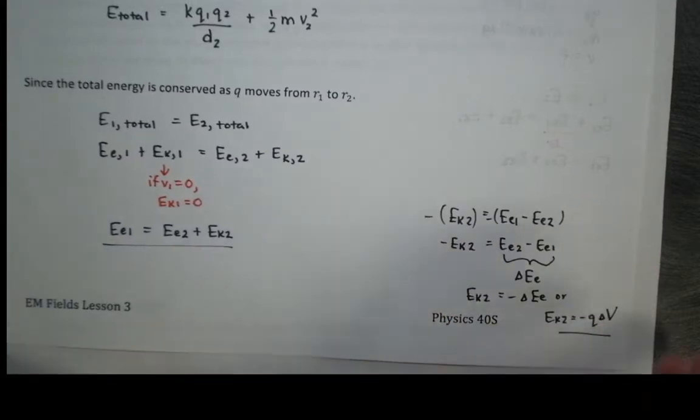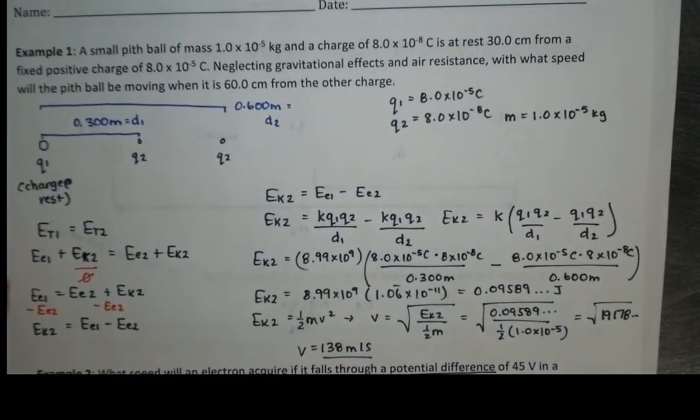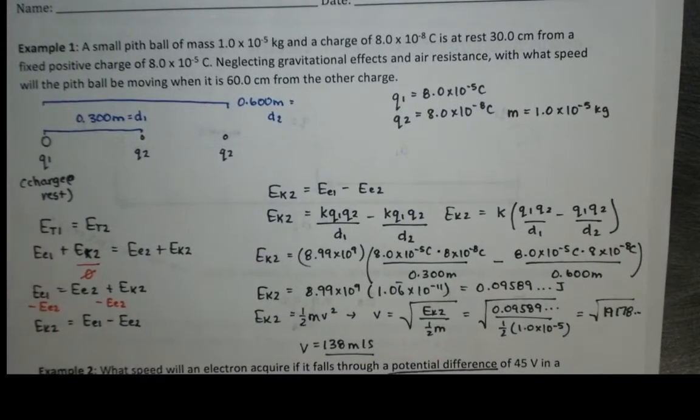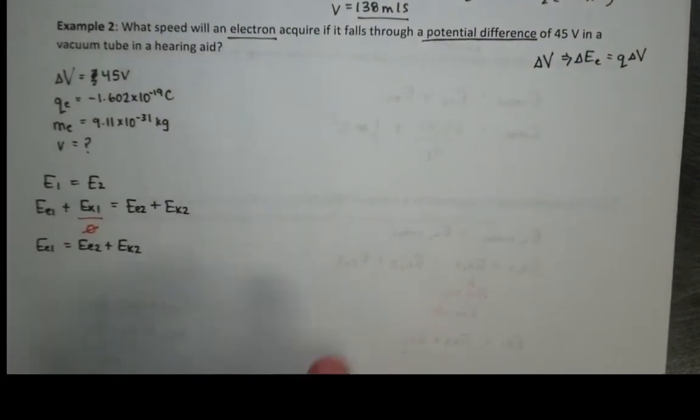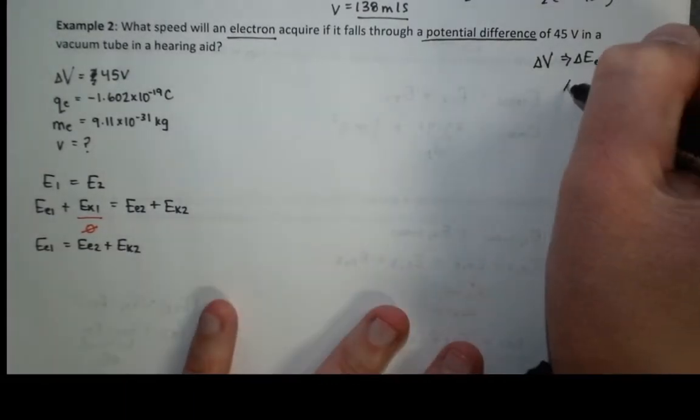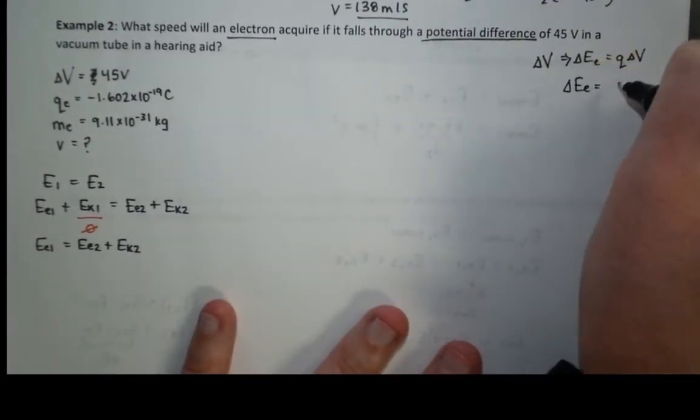In this first example, we had point charges, so we didn't have enough information to find potential difference. So this is just a slightly different way of using the same information. We know that change in energy is Q times delta V.